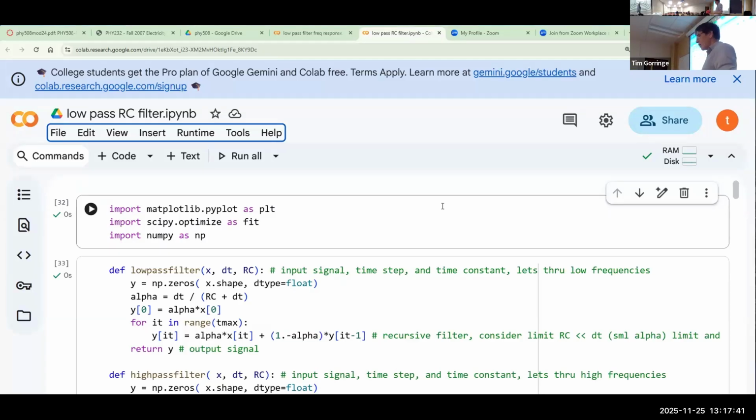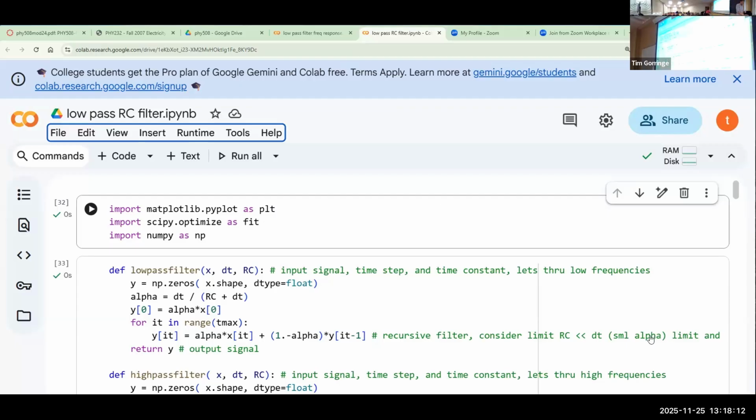As well as being passed the input signal and returning the output signal, they pass two more things that we see are important: the RC time constant and the time interval of sampling, because those two parameters will determine the effect of the filter on the input to determine the output.